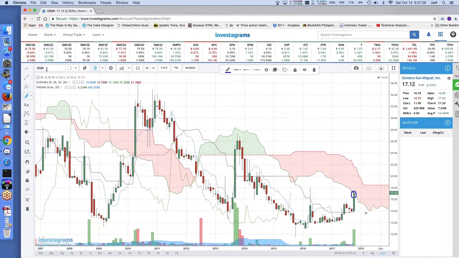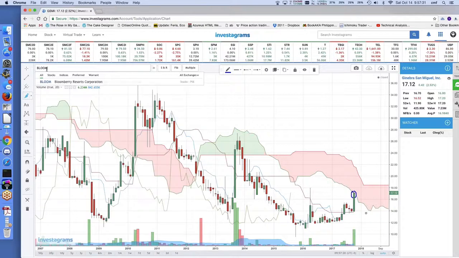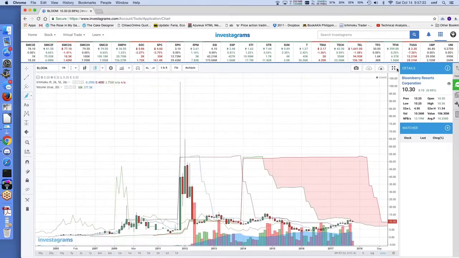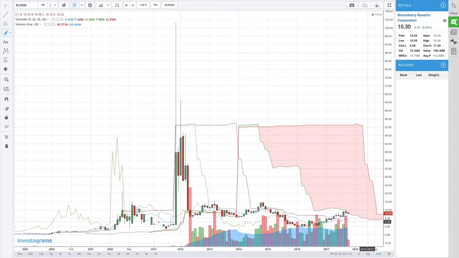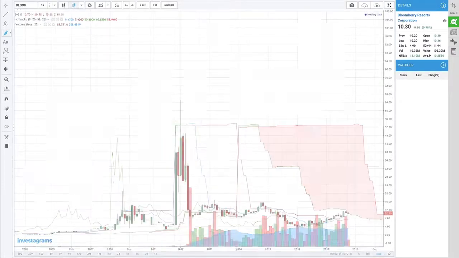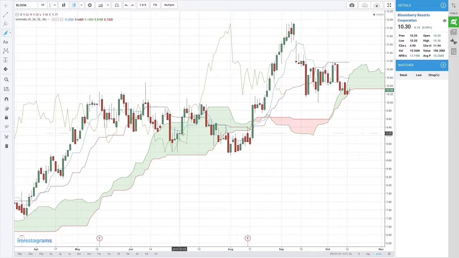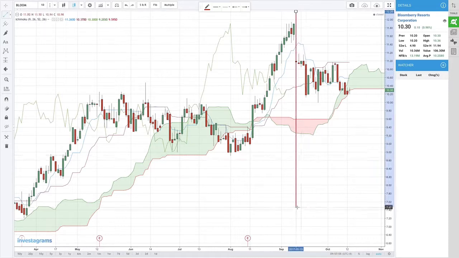Now let's look at another example. Here's Bloom. Let's go to the daily chart. Right up until this area, Bloom was bullish at the left side of the screen.